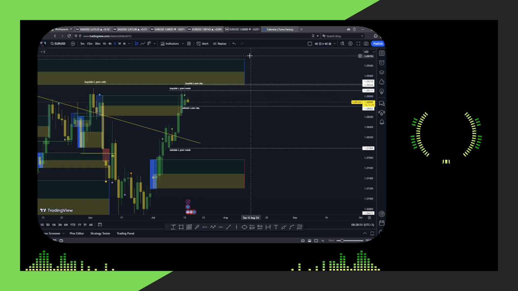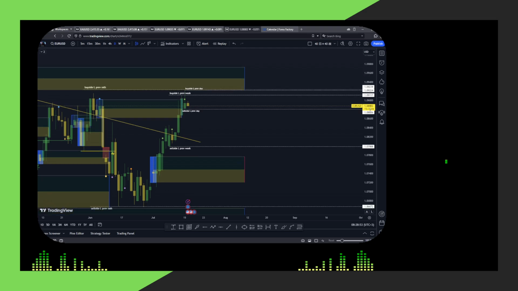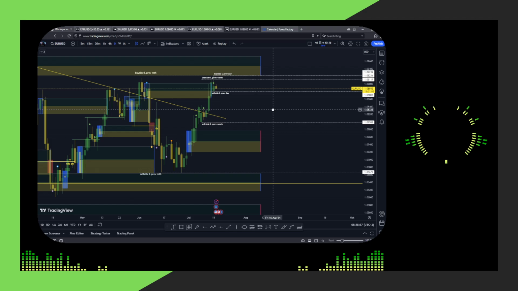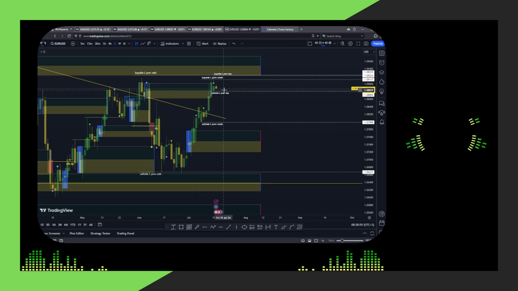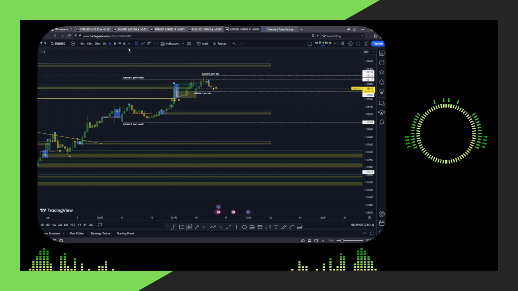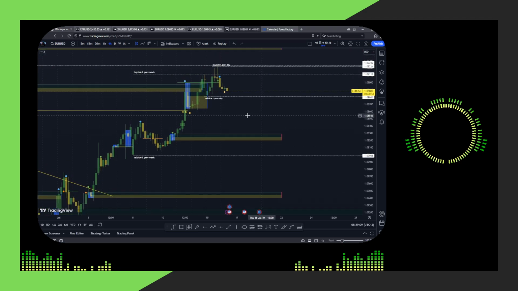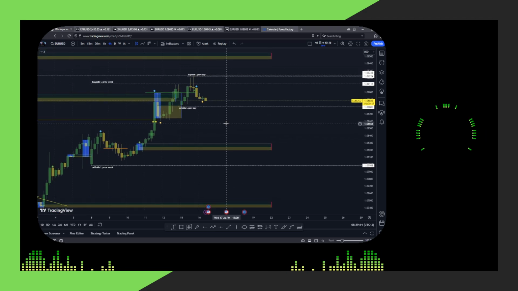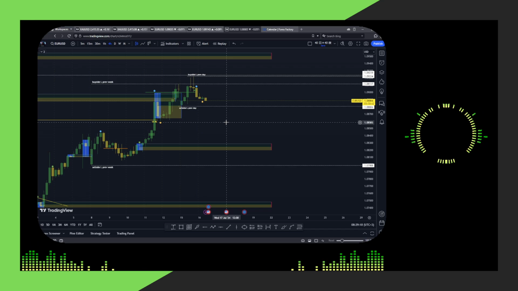Not a lot to say about that, and we need to have the close of today's candle so that we can know where we are headed. On the daily, we marked the buy side and sell side liquidity of the previous day, and that is clean.